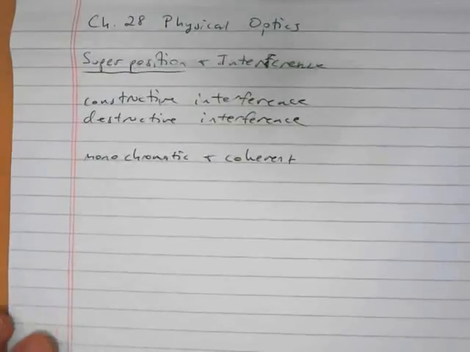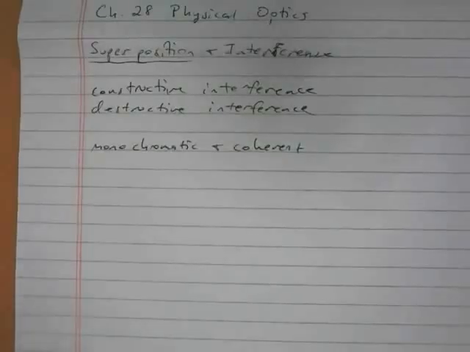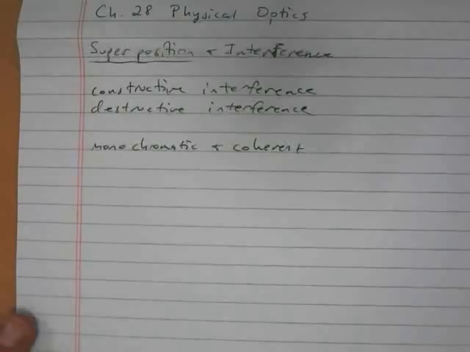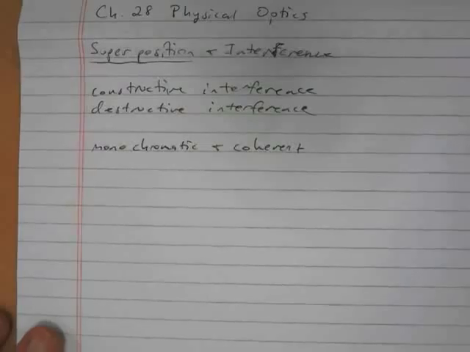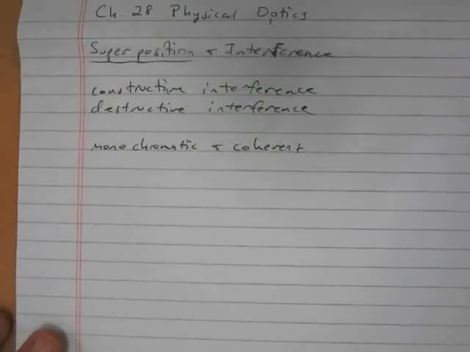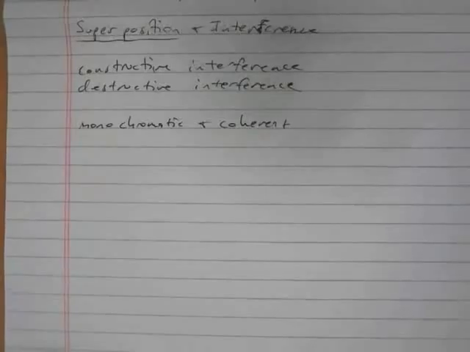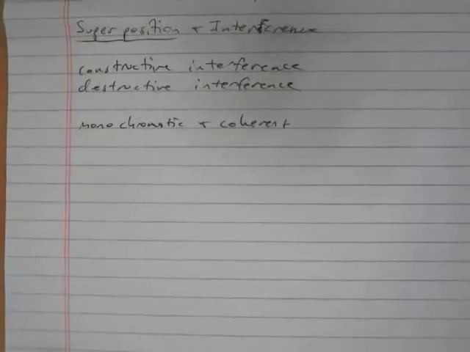So in order to have a noticeable interference pattern, they have to be monochromatic and coherent. All right. Typically, the lights that we use in classrooms and whatnot are not coherent, while lasers tend to be a good source of coherent and monochromatic light.